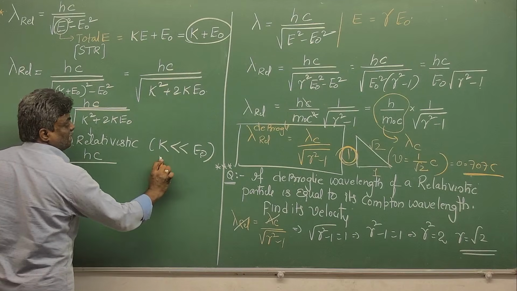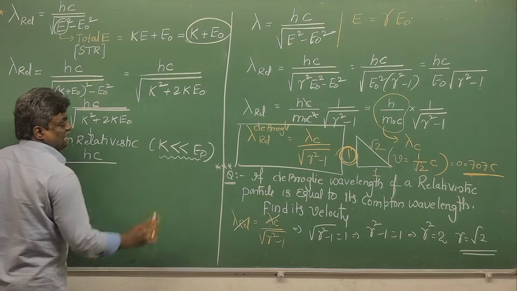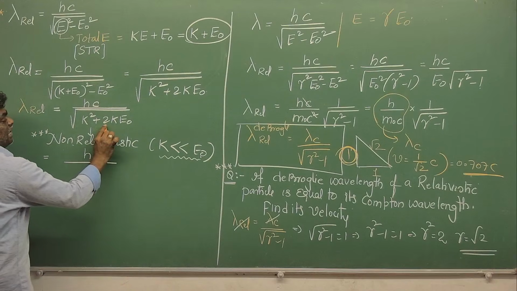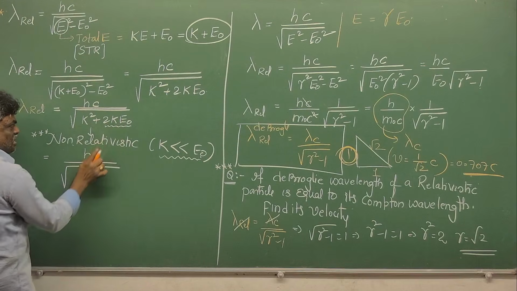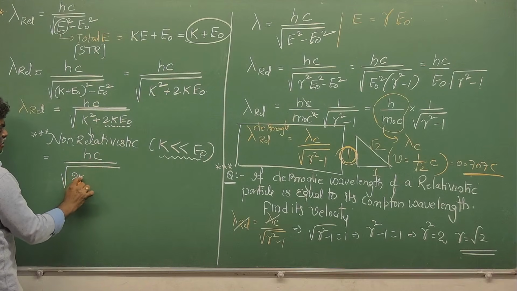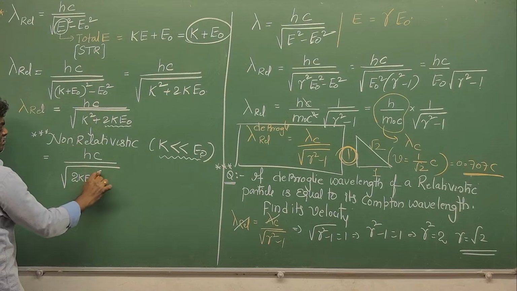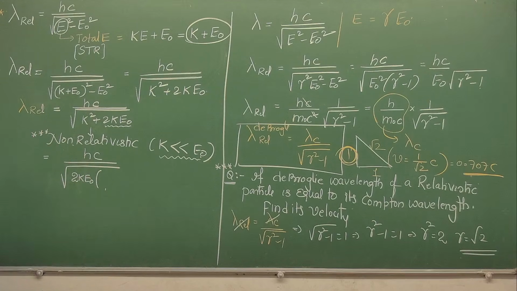Non-relativistic, K is very much less than E naught. Take this common. No tension, just take common. Everybody knows how to take common. Your confidence will build first if you do it yourself.